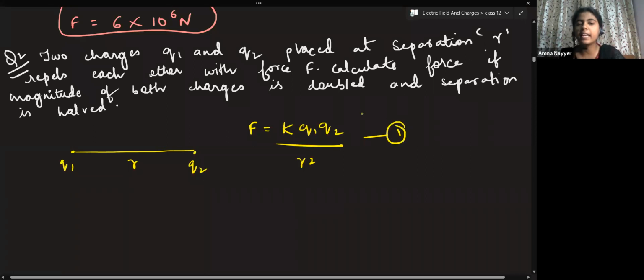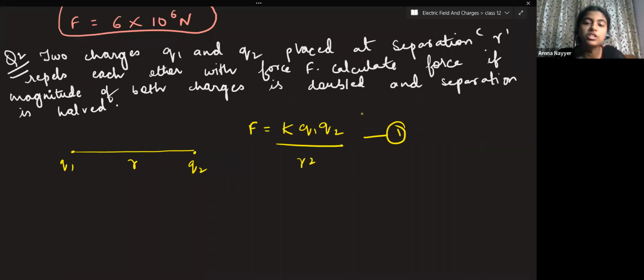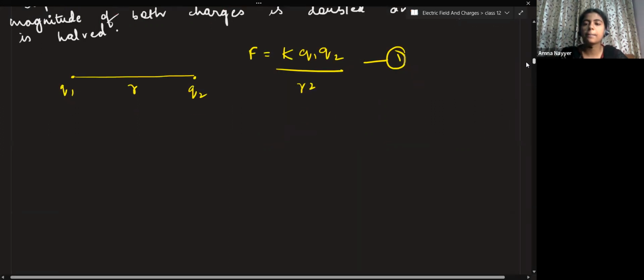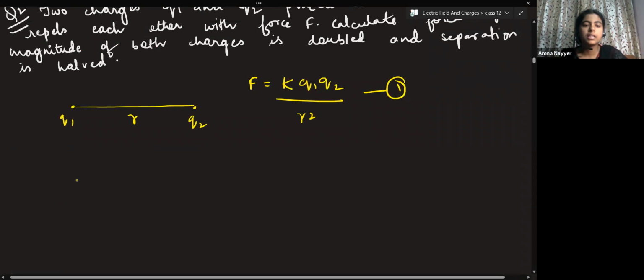Now see, in the second part of the question, it says we have to calculate the force if the magnitude of both the charges is doubled and the separation is halved. It means this will be 2Q1, this will be 2Q2, since the magnitude of both the charges is doubling.